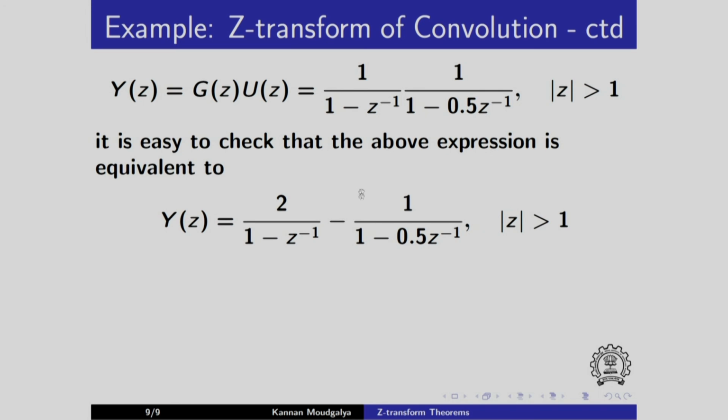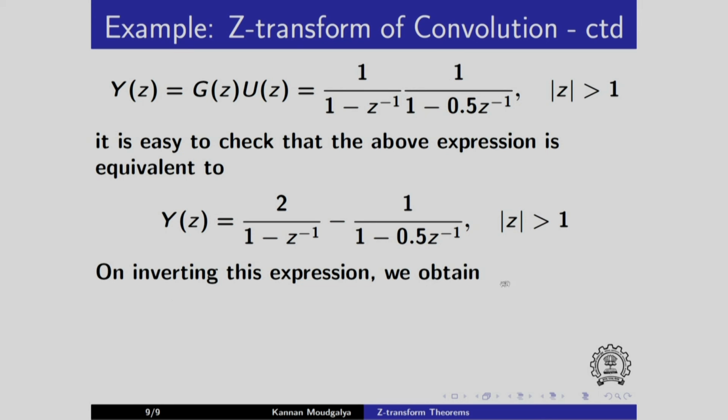At this point I am not explaining how I obtained this, you can verify easily. The denominator is the same. I want you to just simplify this, take this as the common factor, cross multiply, simplify, you will get this.